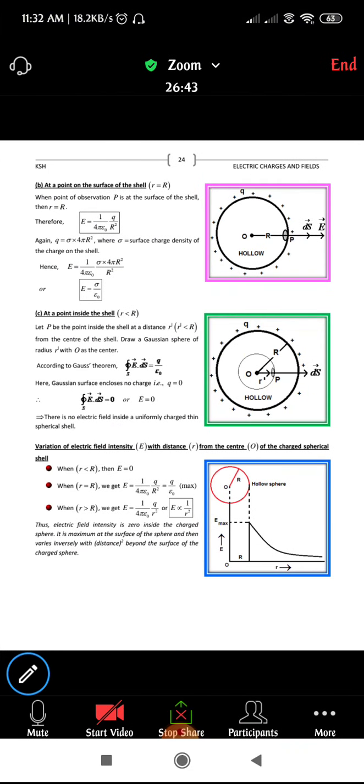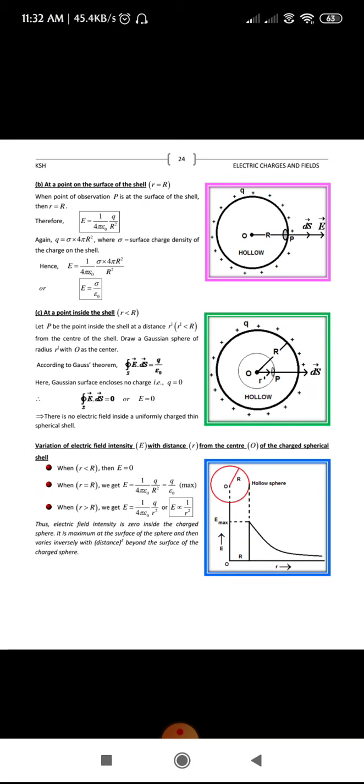The answer you people gave is wrong. See, we are calculating the electric field at a point P, right? What is the charge enclosed by that Gaussian surface? It is nothing but equal to 0.